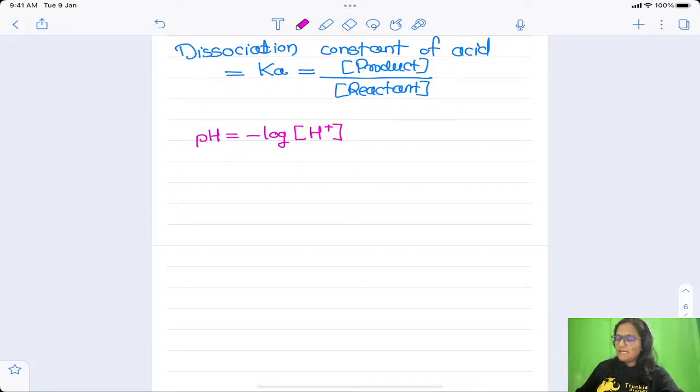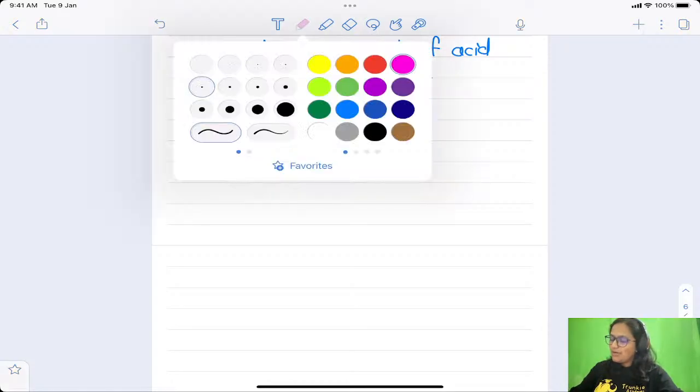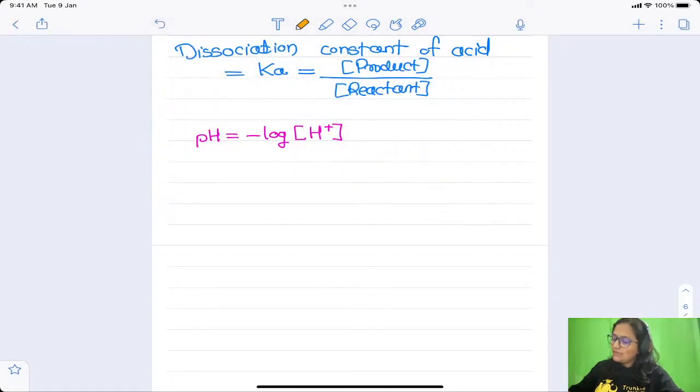This is a really very important formula. It will be helpful for you to solve the questions. Very, very important formula, guys. pH is equal to negative log of H plus ion concentration.